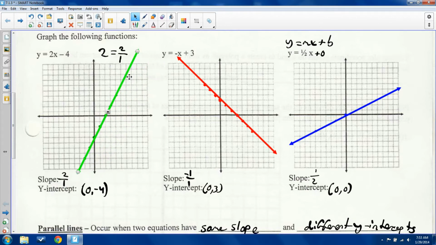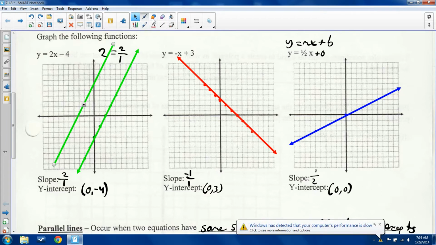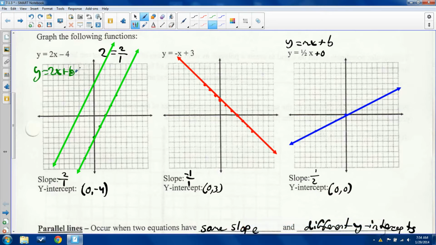That's why we need a different y-intercept. So even if it's over here, boom, these lines are parallel, same slope, which is 2/1, but different y-intercept. In this case, it's 1, 2, 3, 4, 5, 6. So the equation of this line is y equals 2x plus 6, which would be right there. Okay, so that's how parallel lines work.